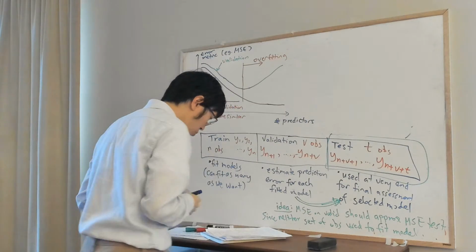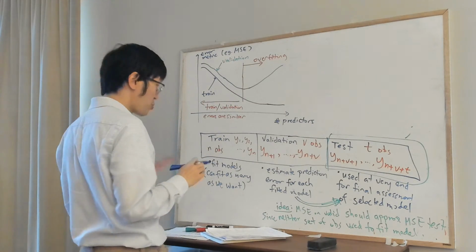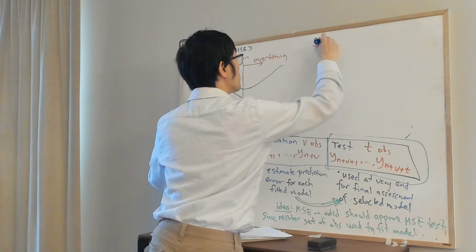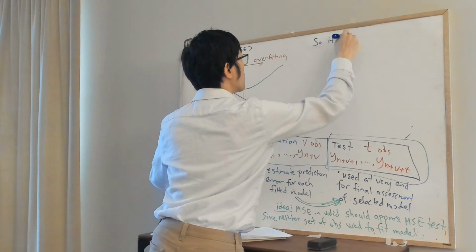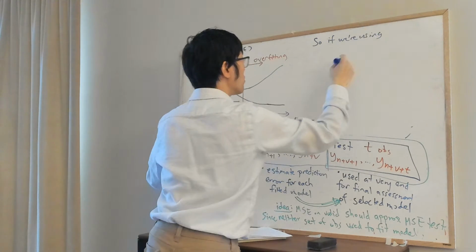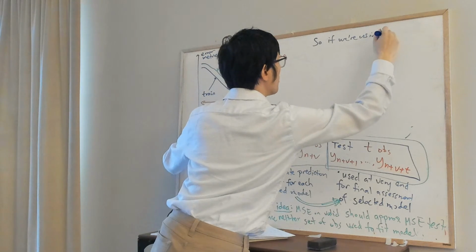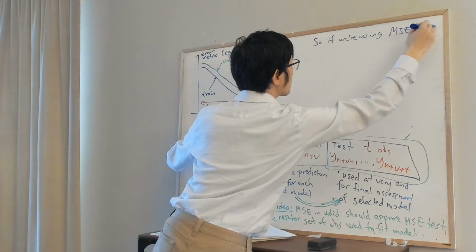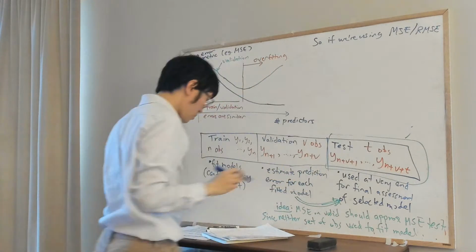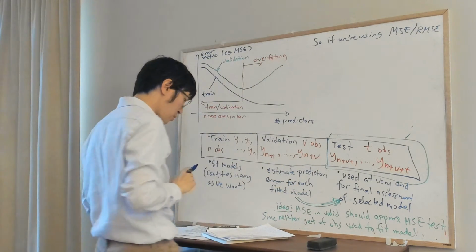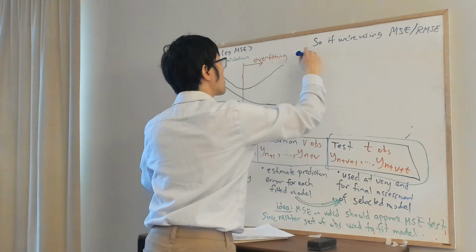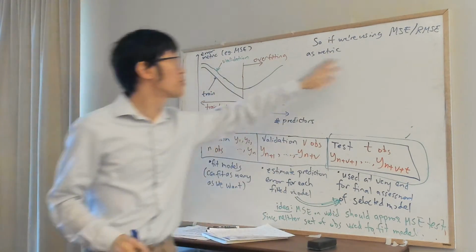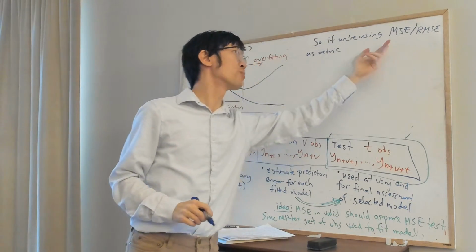For example, if we're using either mean squared error or the square root of that, RMSE, as the metric, remember that we have estimates of sigma.